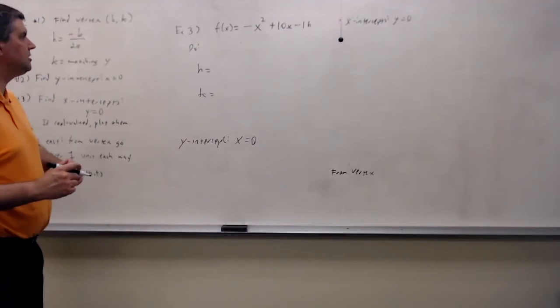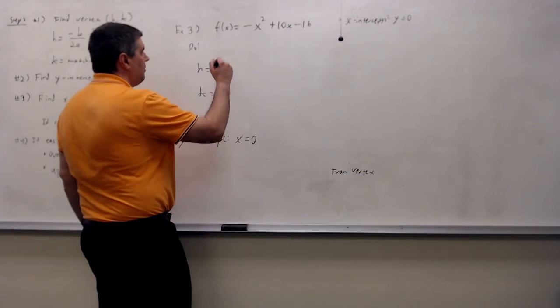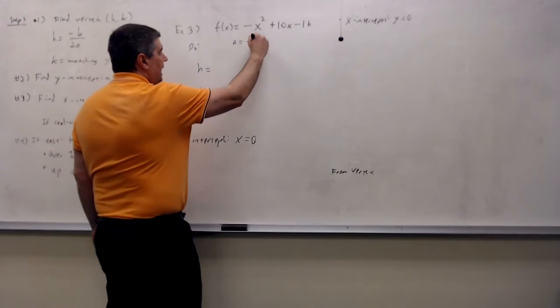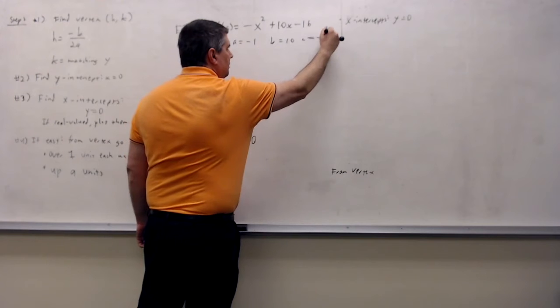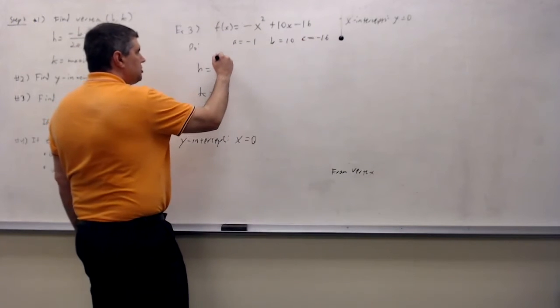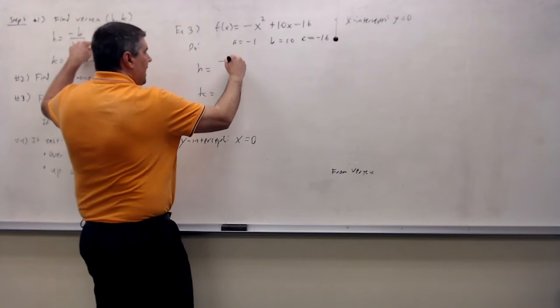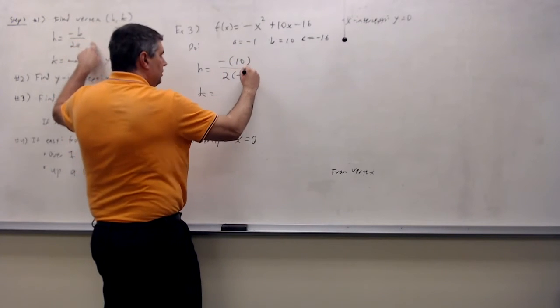All right, so here's another one. f of x equals -x squared plus 10x minus 16. So A is -1, B is 10, C is -16. So h equals, per this formula, -10 over 2 times -1.